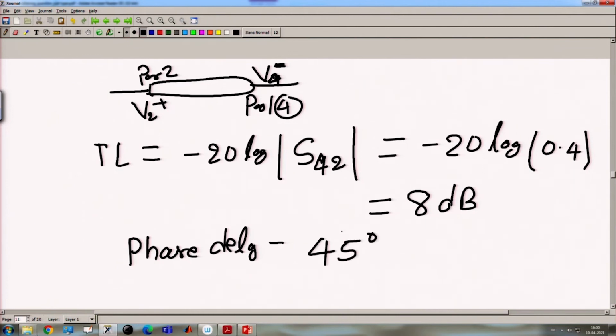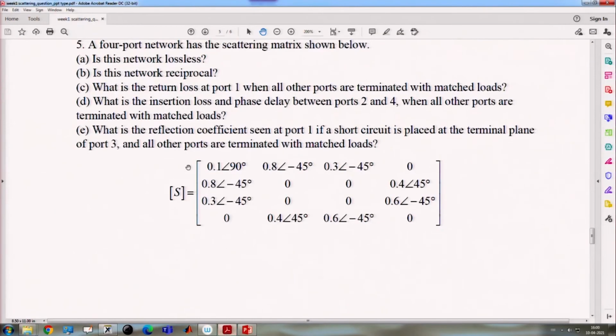For the next part, what is the reflection coefficient seen at port 1, means we have to find out S11 when a short circuit is placed at port 3 and all other ports are terminated with match load.